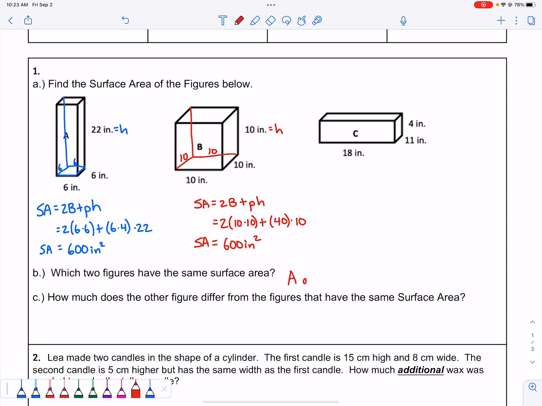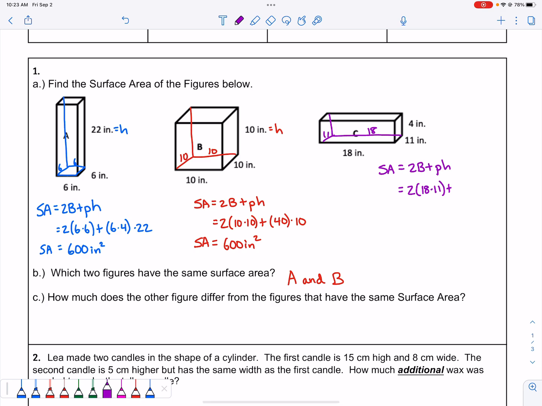So I would answer the first part of this question as figure A and B have the same surface area. But then I need to find the third one to answer the last question. So once again, my formula is 2 times the area of the base plus the perimeter of the base times the height. So that would be 2 times the area of this base, which is 18 times 11, plus the perimeter of the base.